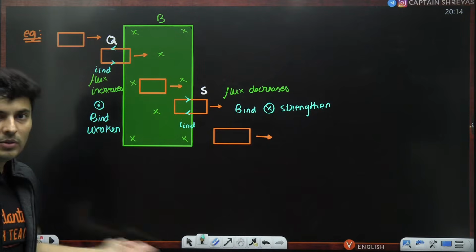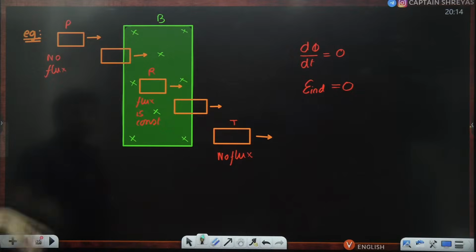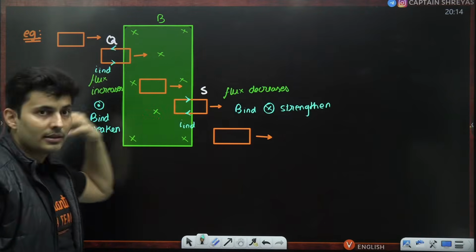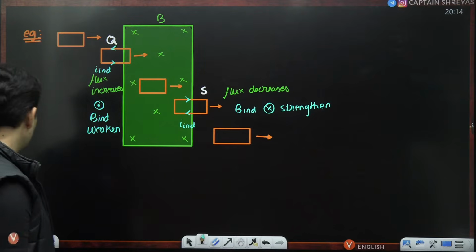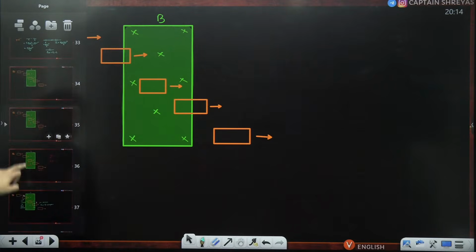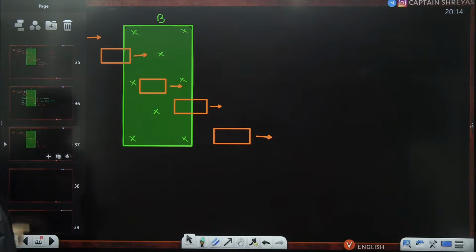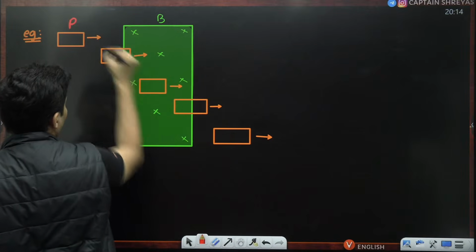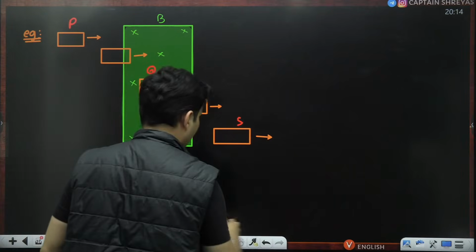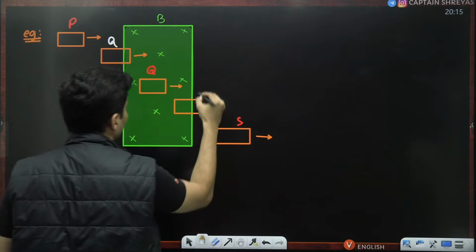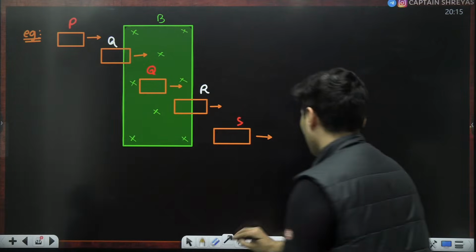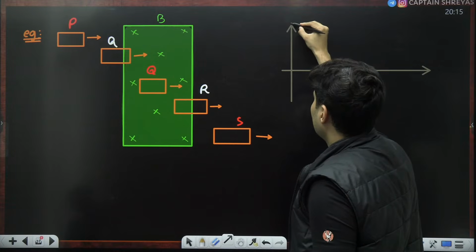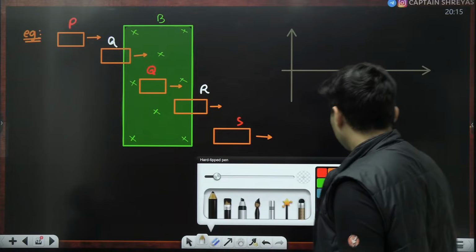So what did you see in this entire diagram? Here, here and here no current, here and here there is current, and the current also is changing direction. So if you ask me how the current will change in this entire scenario, starting from P, Q, R, S, observe this. This is the timeline, this is the current, or this is the EMF.